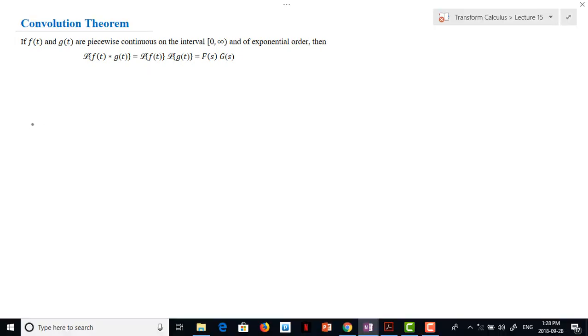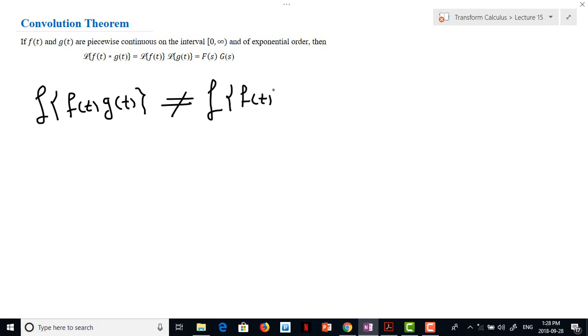You have to know that it's the Laplace transform of f star g. It's not like you have, for example, f(t) times g(t). If you have just the product of two functions, it's not equal to the Laplace transform of f(t) times the Laplace transform of g(t). Just the Laplace transform of the convolution of f and g is equal to F(s) times G(s).